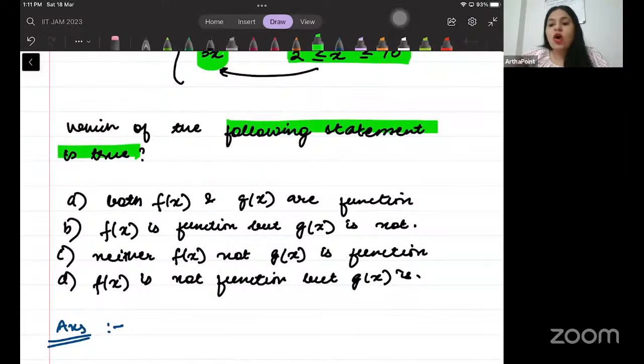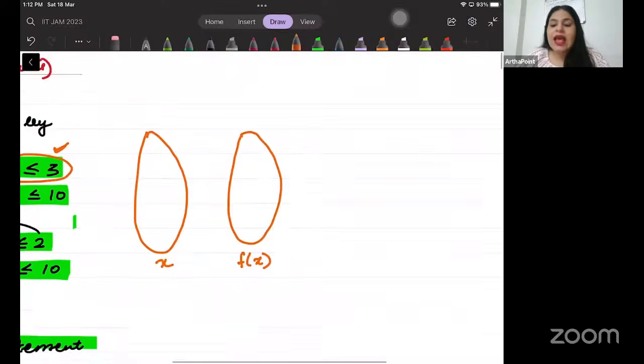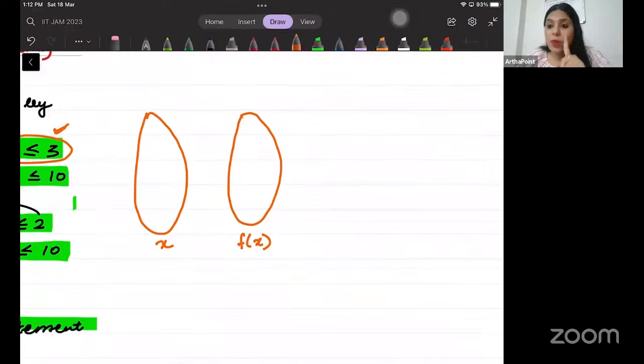Now, in order to go ahead and do such kind of questions, you have to understand that we must know the definition of a function. And what is a function? We have a function as long as one value of x only links to one value of y.